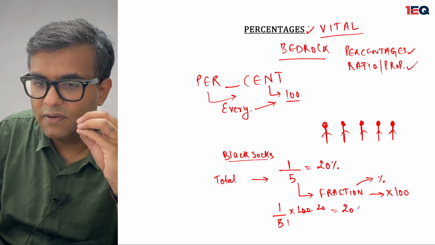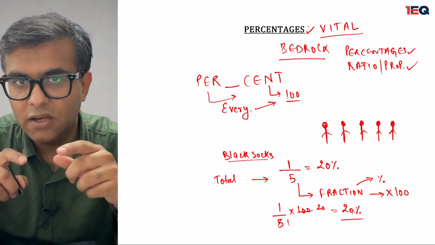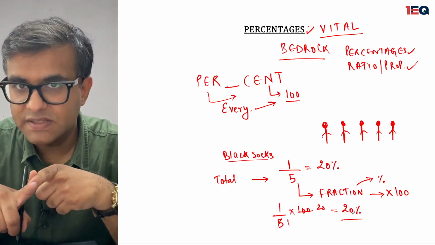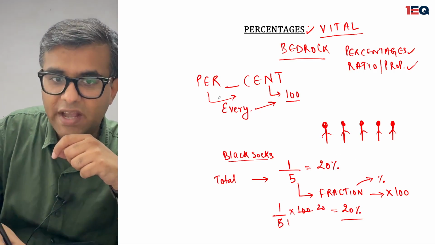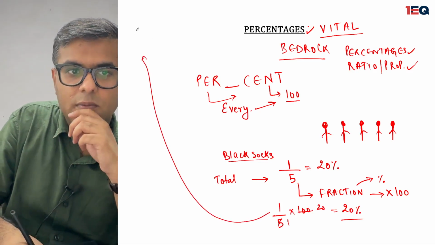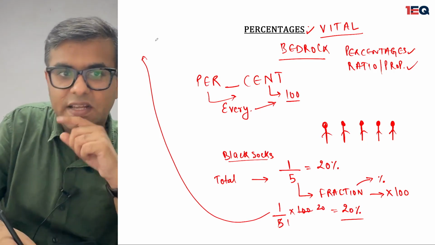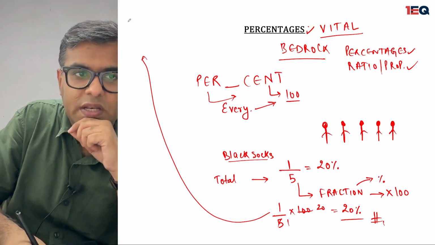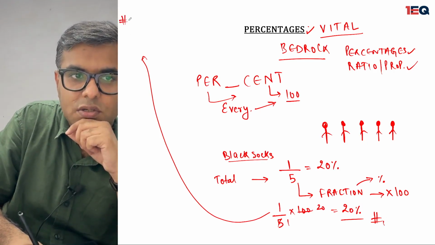So here with 20, I can put the sign of percentage. To remove the sign of percentage from somewhere, I'm moving from this corner to this corner. I'll remove this line. I'll just put a hash over here so that you know this is hash 1 and hash 2.